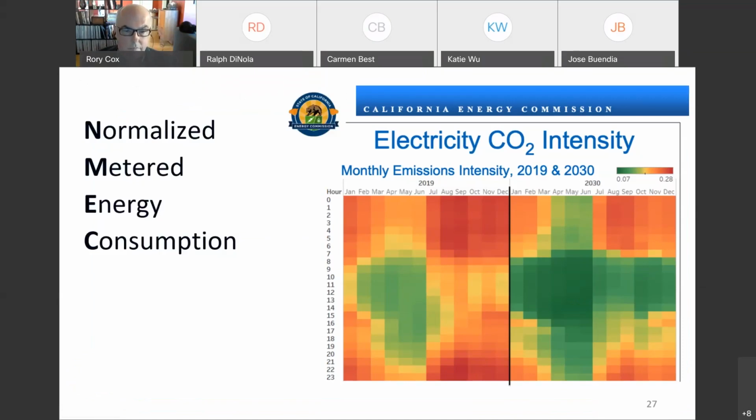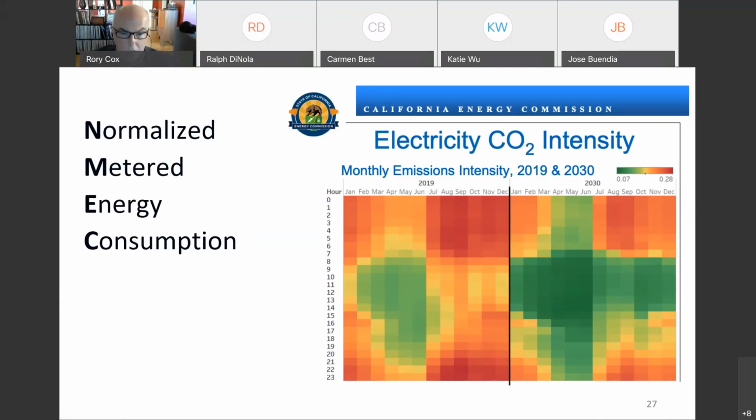This looks a lot more organized to me than that other slide. And I don't think we really had a sense of it when NMEC was adopted in legislation in 2015. But since the advent of SB 100, and as more of those documents that Katie was pointing out have come out, I think it's become more and more clear that NMEC really provides a common framework for us to harmonize this chaos that we live in.